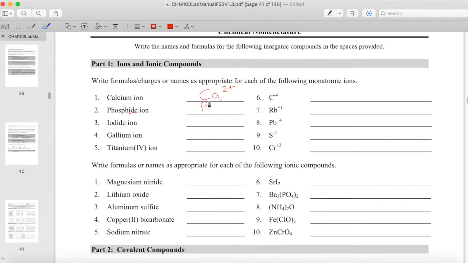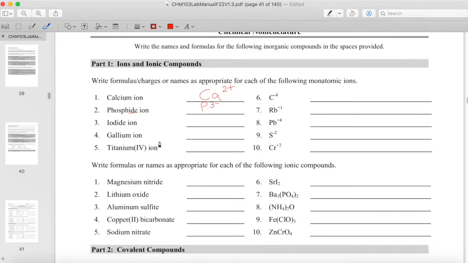Phosphorus is in group 15, so it has 5 valence electrons, and therefore it gains 3 electrons to reach the octet rule and become like the next noble gas. So the charge it's going to have is a 3 minus charge. So we have letter P for phosphorus, and we put a 3 minus charge in the top right corner.